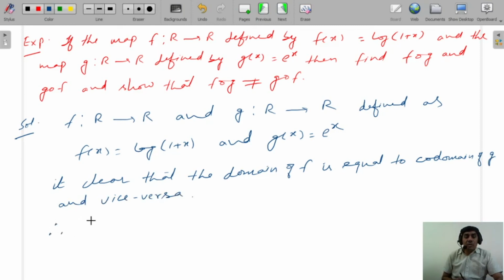Therefore, f∘g and g∘f are both defined.